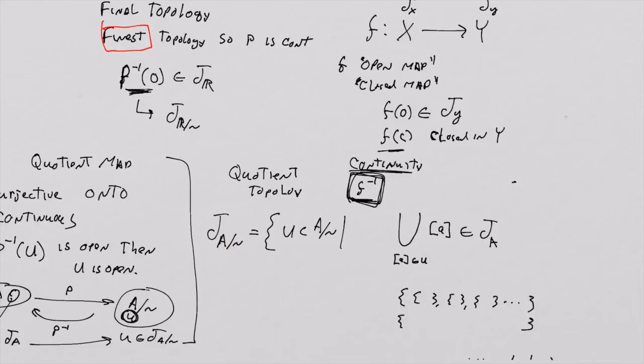It's a union of all these equivalence classes and all their elements together. That has to be an element of the topology of A. And that's the quotient topology on the quotient set. So with the quotient map, we can define a quotient topology just like this. Oops, I just noticed I forgot the closing bracket on this set here.